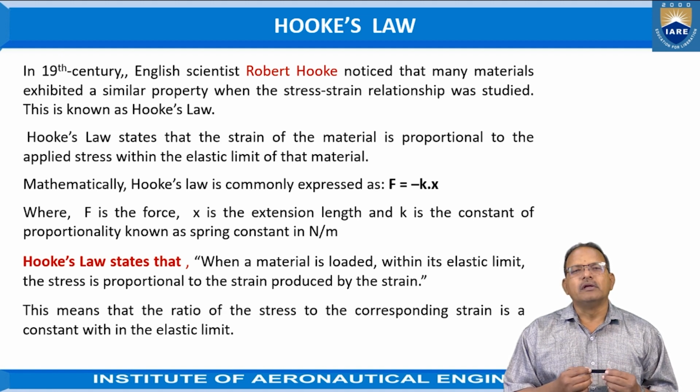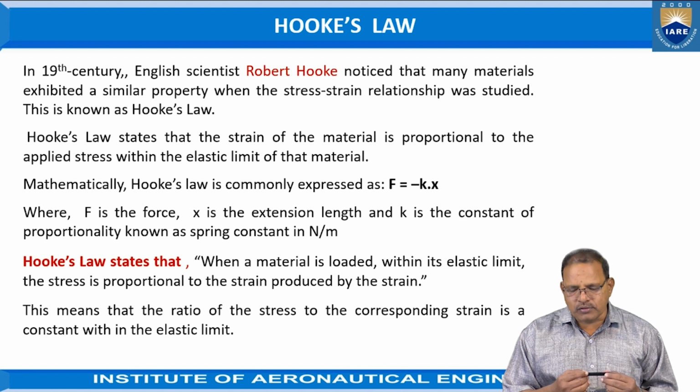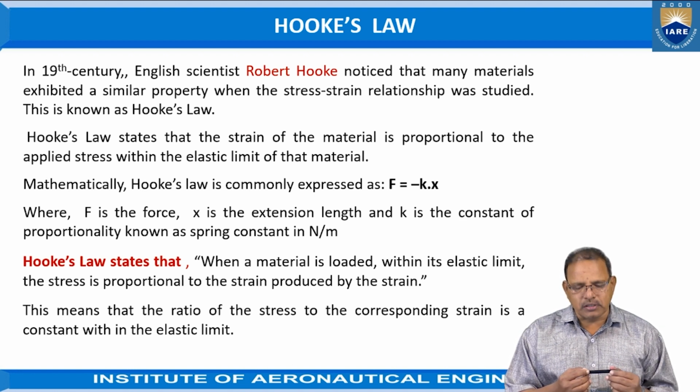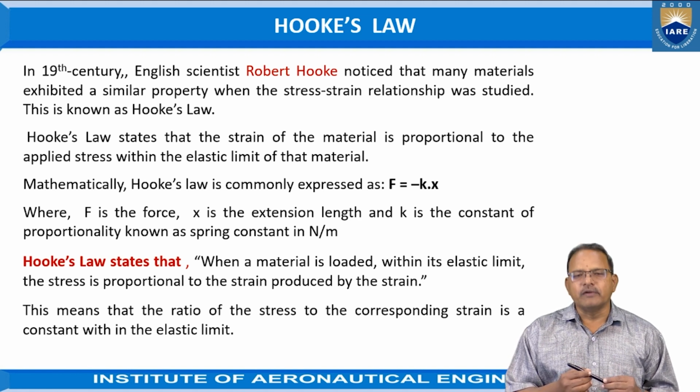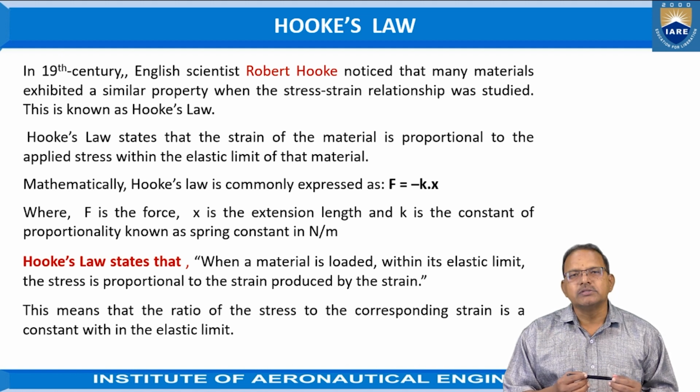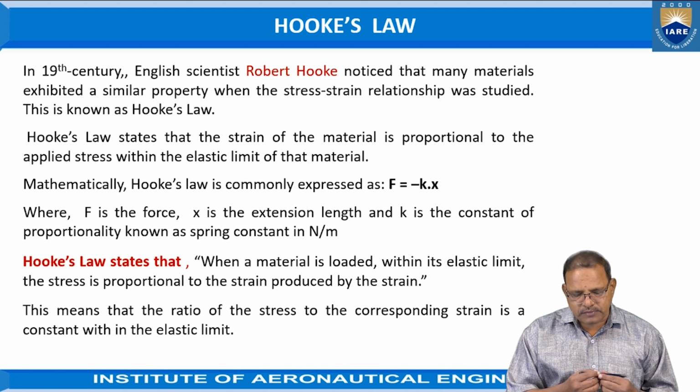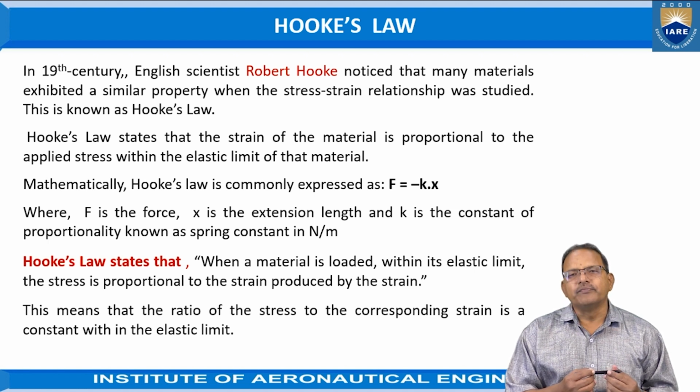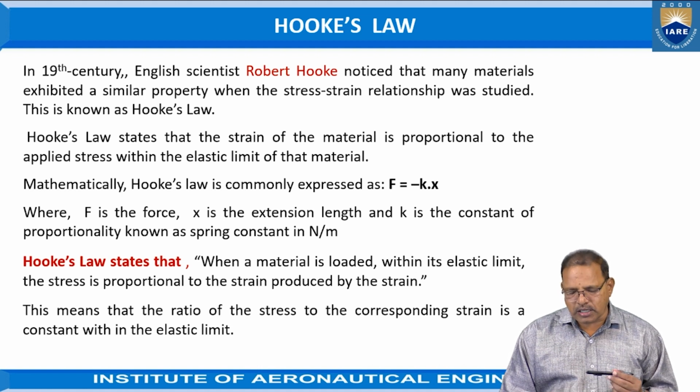Hence, the ratio of stress to strain is always a constant. The value of that constant may differ from one material to another, but he called it the elastic constant. Its value differs for different materials, but stress to strain remains constant within the elastic limit.